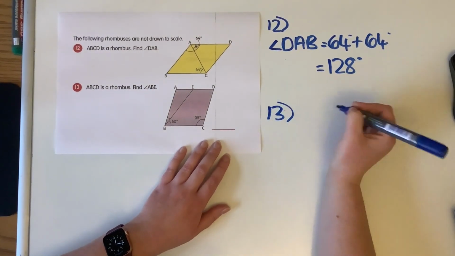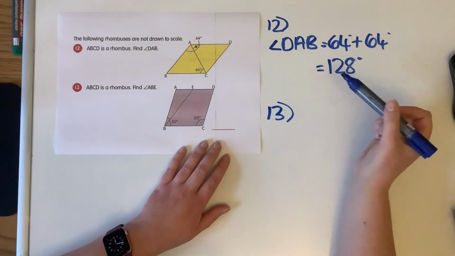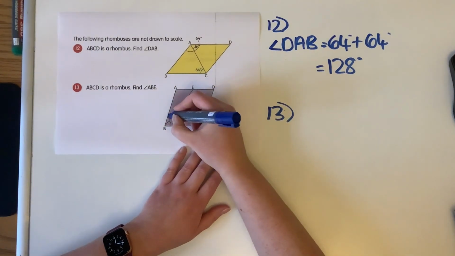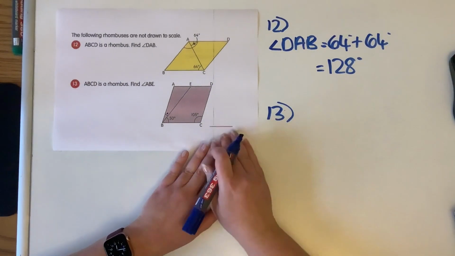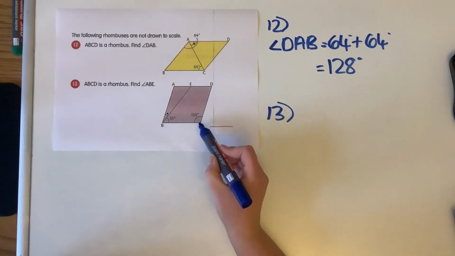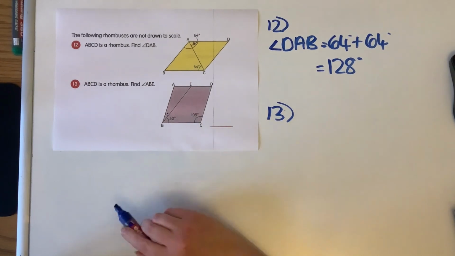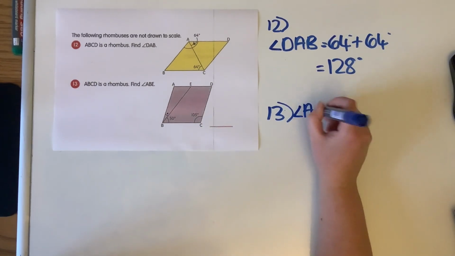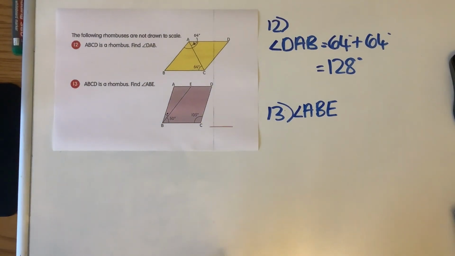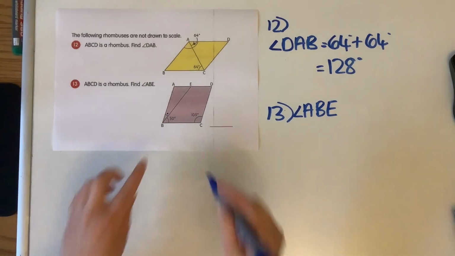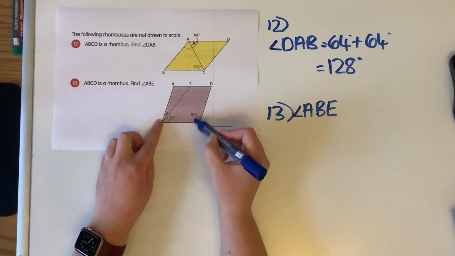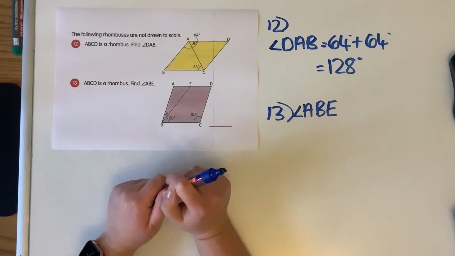And then question 13, I've got the rhombus ABCD again, and I need to find this time the angle ABE. So this angle here. Once again, I've got a line here and it's been split. I've been told that this angle BCD equals 105 degrees. So what I can do is use the fact that two angles that are opposite on the parallel sides, so this whole angle ABC and this angle, when added together would equal 180 degrees.